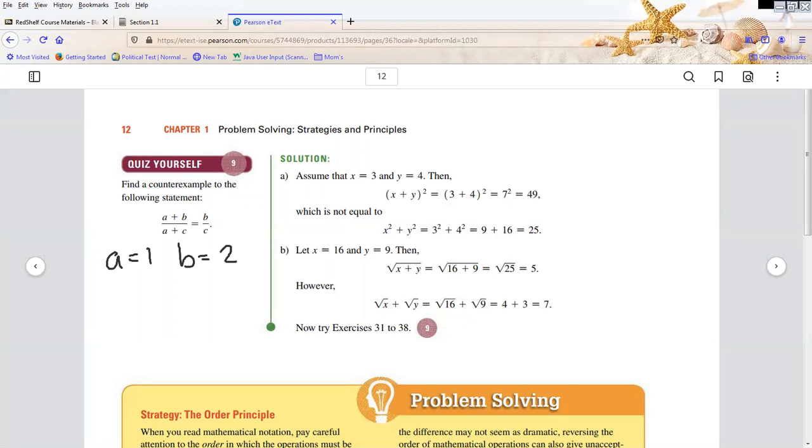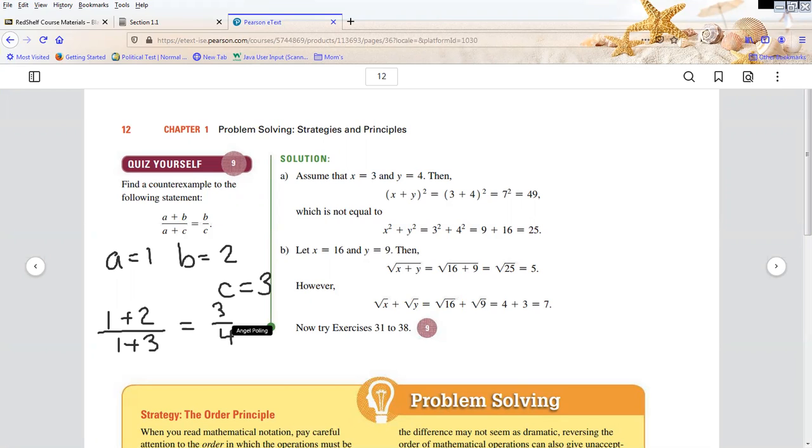Oh, they didn't. This is one for us. C equals 3. And we're going to show this is not a true statement. So 1 plus 2 quantity divided by the quantity 1 plus 3, and this will equal 3 over 4.